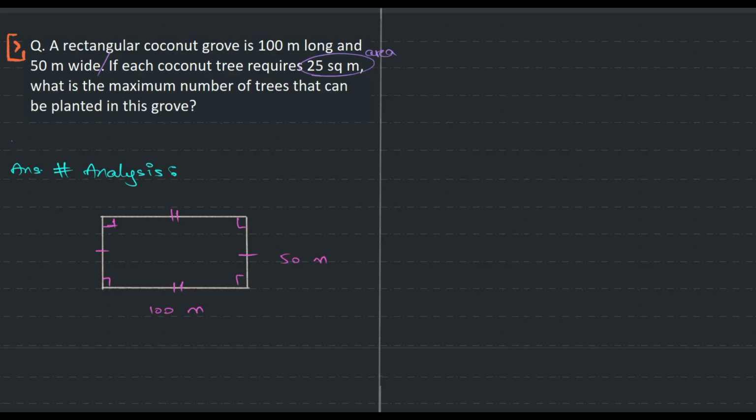So again, what is it that we need to find? Clearly, we're looking at area. One more data we need to write as well. Each coconut tree requires 25 square meter.